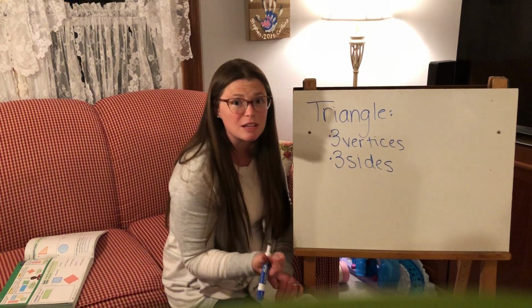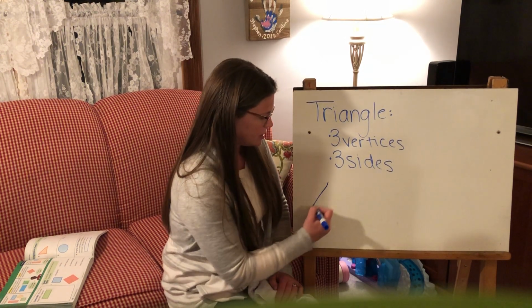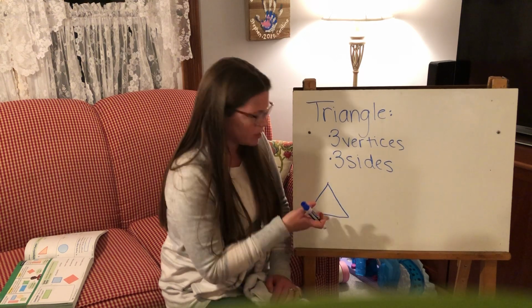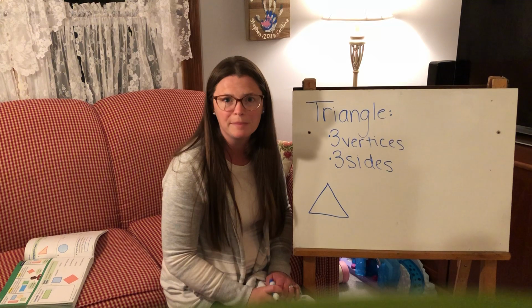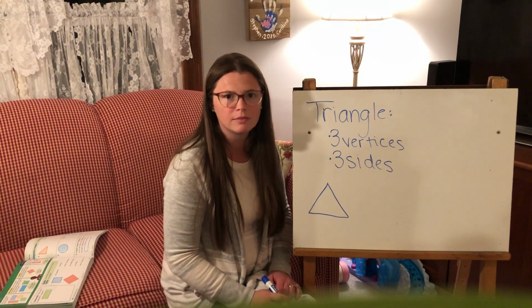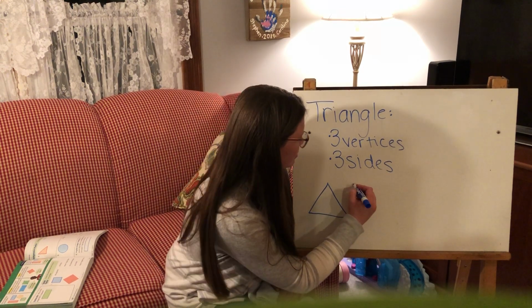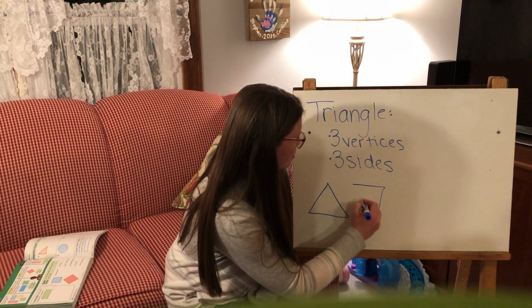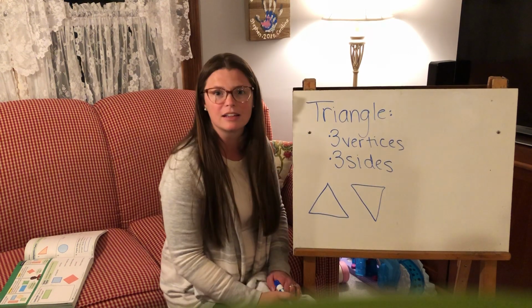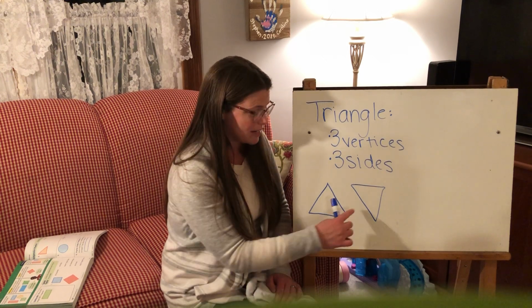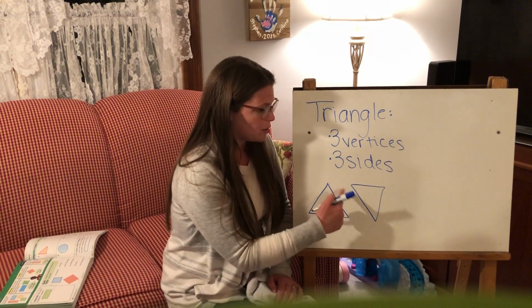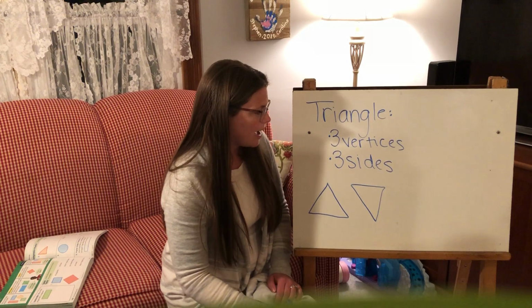So triangles can be kind of cool because, all right, well, this is like one that we would normally see hanging up in a preschool classroom, right? Well, what if I flipped it upside down? Is that still a triangle? It sure is, because it has 3 sides and 3 corners.